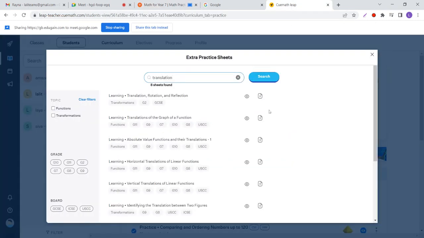Kinda. Okay, I take tessellations of graph. Just a second. Identifying translations.